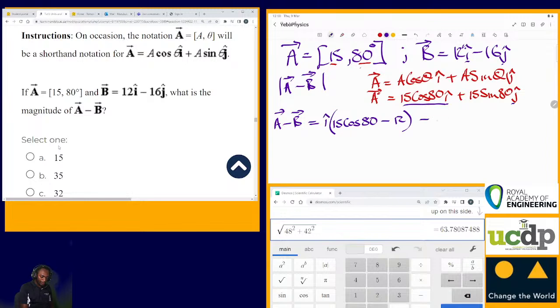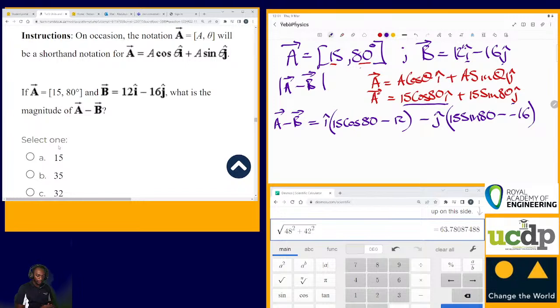Then in the j direction, what we have is 15 sine 80 minus, and B's j component is negative 16 in the j.